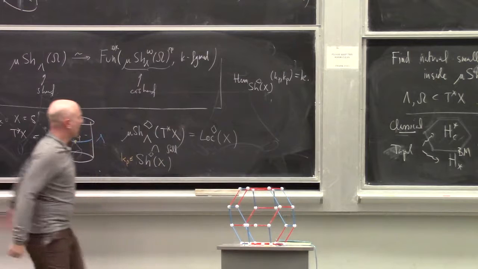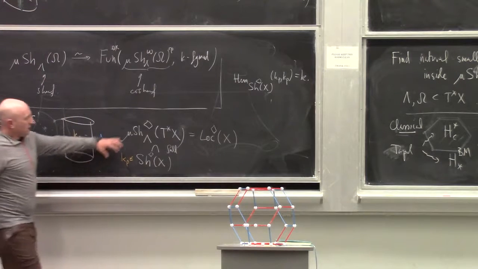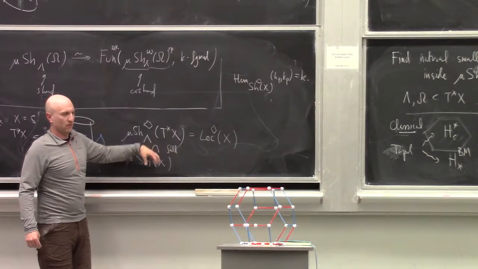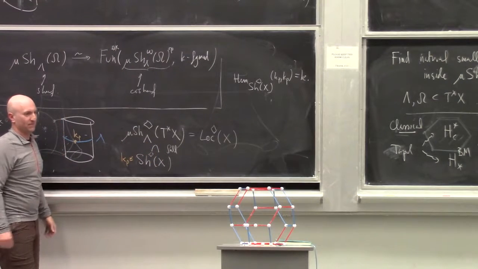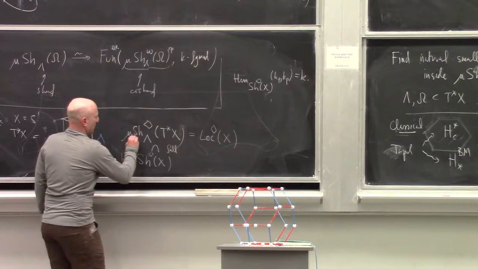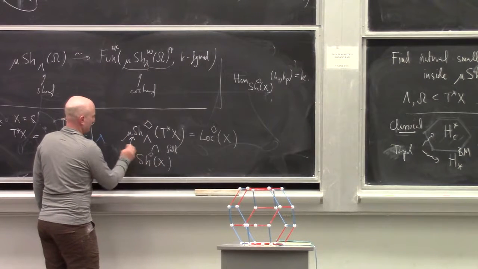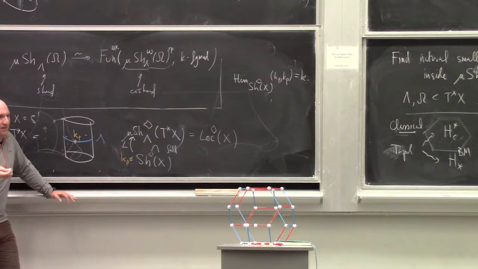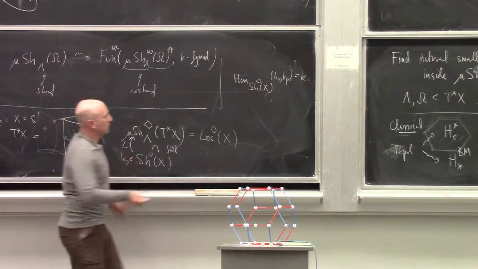Now, this full embedding has a left adjoint called wrapping, which you should morally think of as wrapping. How is it understood?